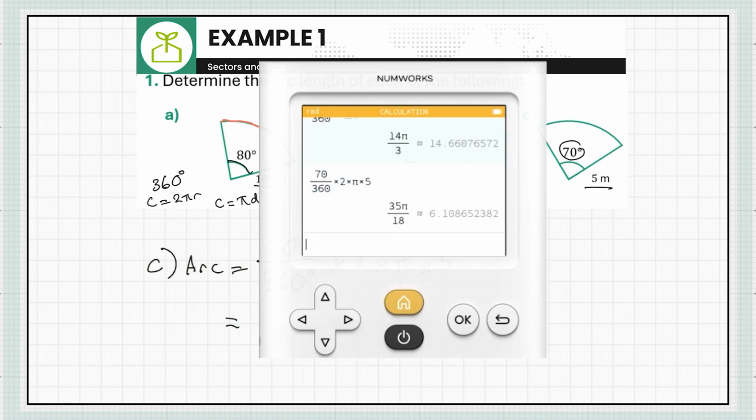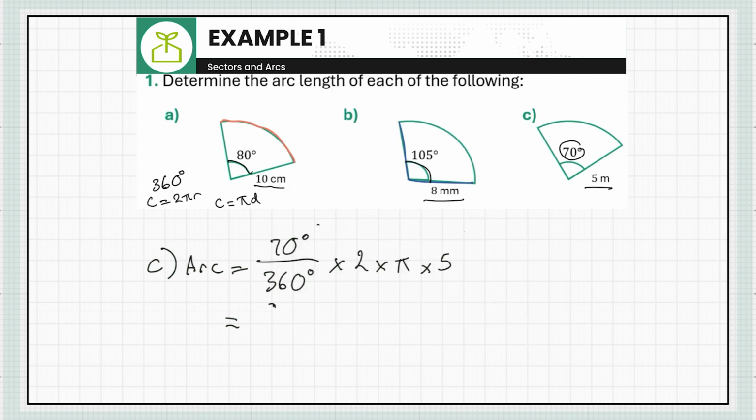Alright, our result is 6.11 meters, and remember we're rounding this to 2 decimal places purely because I don't want to write out every single one of the digits.